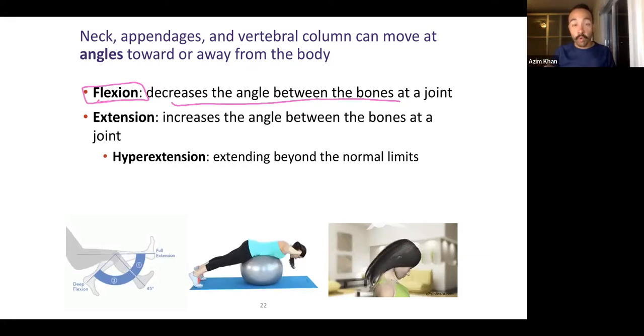The word that we'll use for that is muscle contraction. Here, we're talking about flexion where we're decreasing the angle between two bones. So for example, a simple flexion would be at the humeroradial ulnar joint, where you're decreasing the angle between your brachial region and your antebrachial region. That would be flexion.